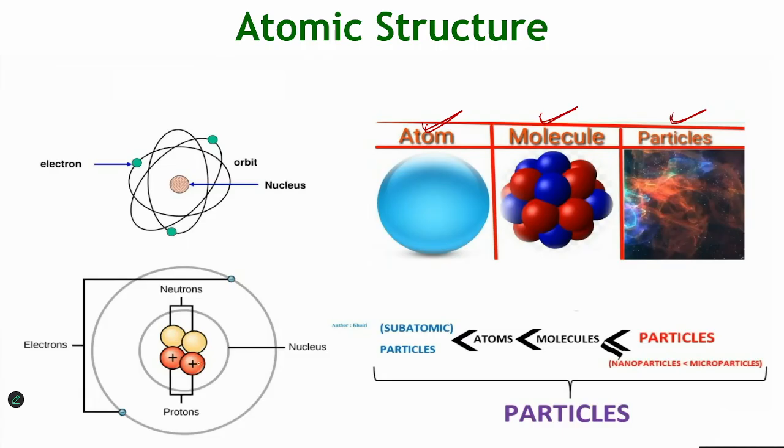In the nucleus there are neutrons and protons. Neutrons don't have any charge. Protons have a positive charge. Around this, electrons revolve. This is the atomic structure. Did you understand?